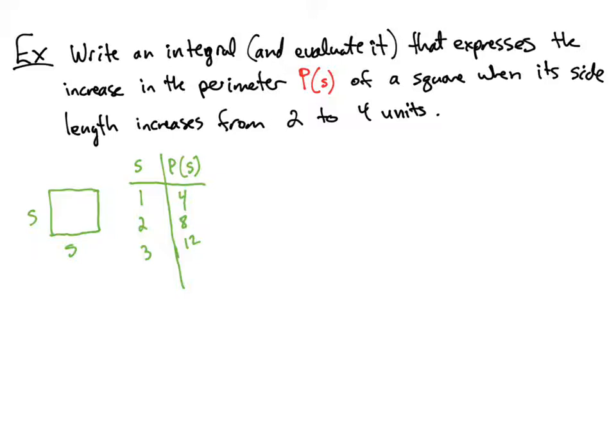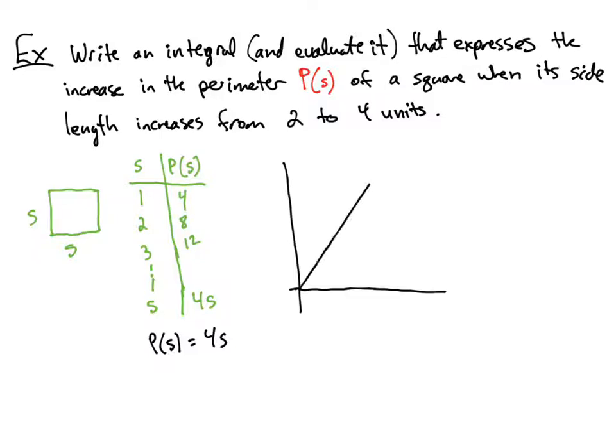So the rule here is, if I have some value S, the perimeter is 4S. So P of S is equal to 4 times S. This function, if we were to graph it, is just a line that has a slope of 4.